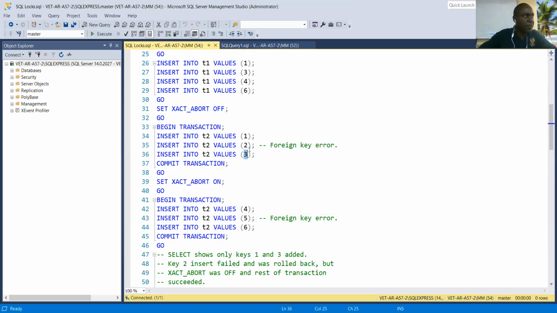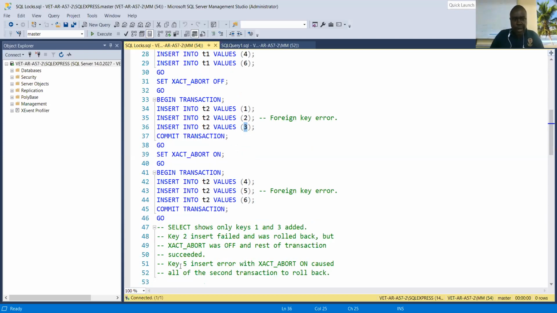That is going to be reversed. Okay. The key 5 insert error with exact abort on caused the second transaction to roll back. It's going to roll back.